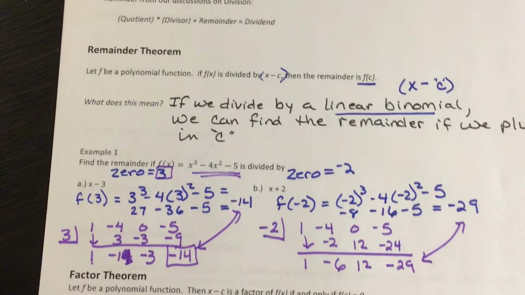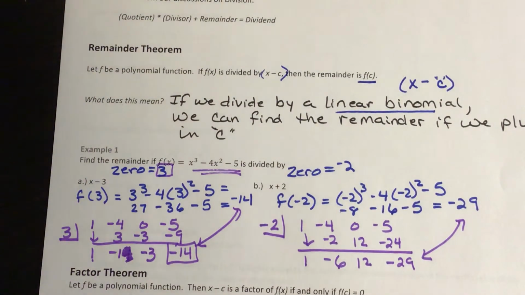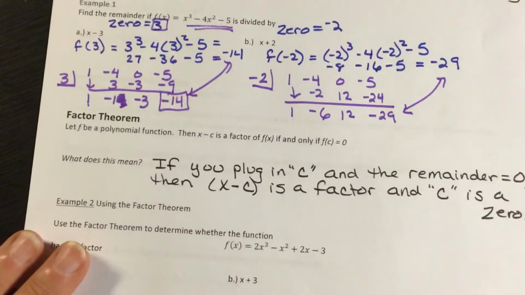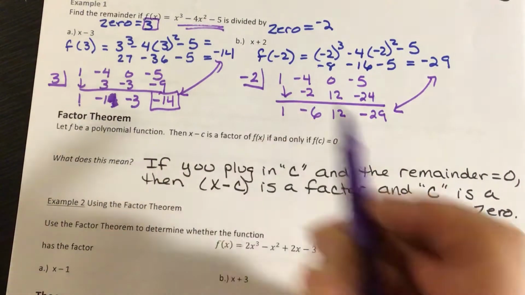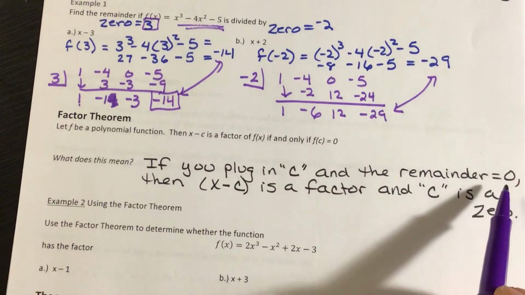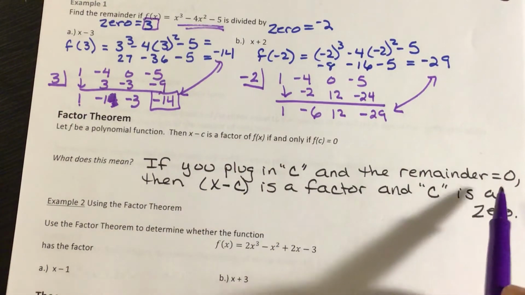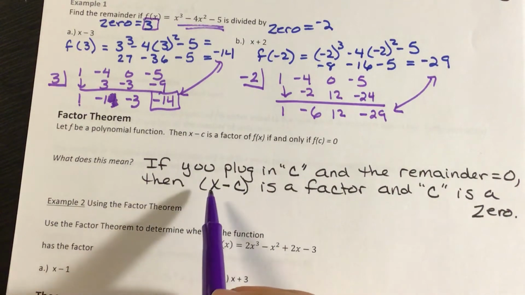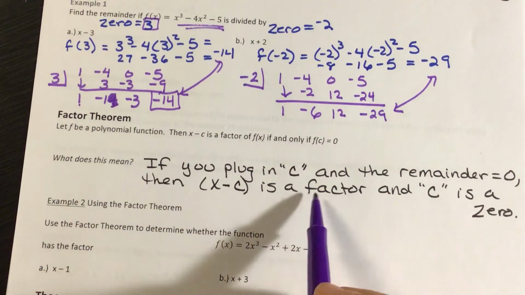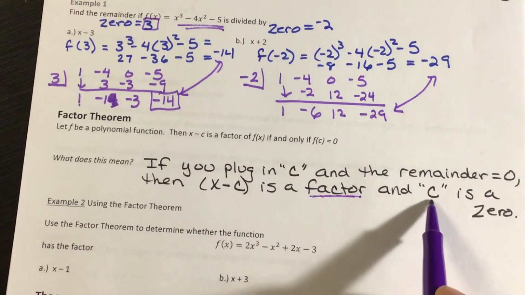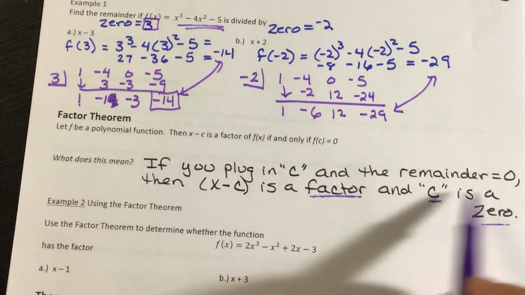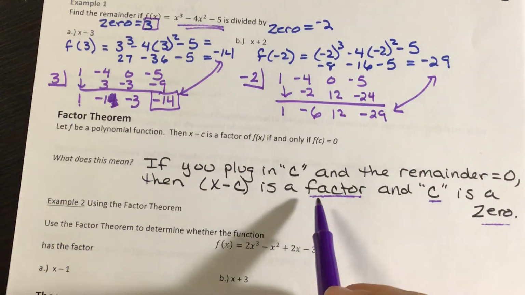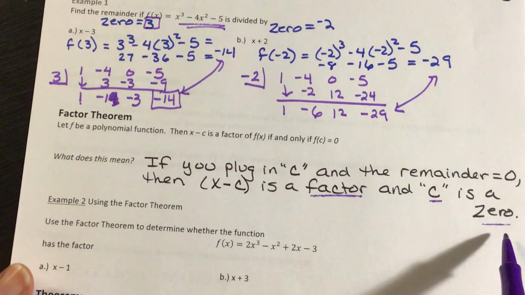So basically there's another theorem here that says if you plug c into the function and the remainder is 0, that means that x minus c is a factor and c is a 0. So if I get a remainder 0, I have a factor and a 0.